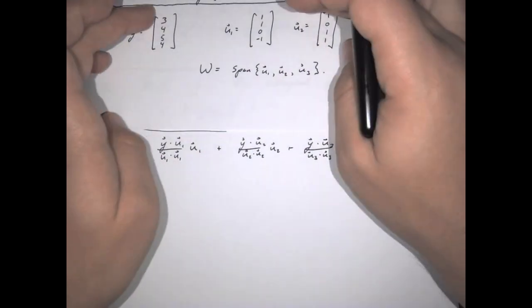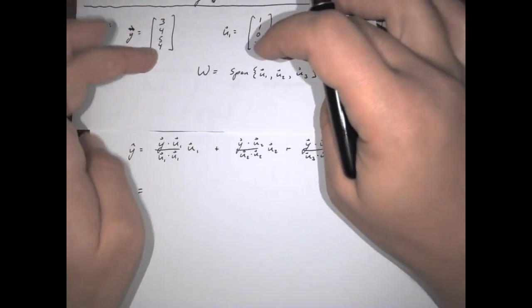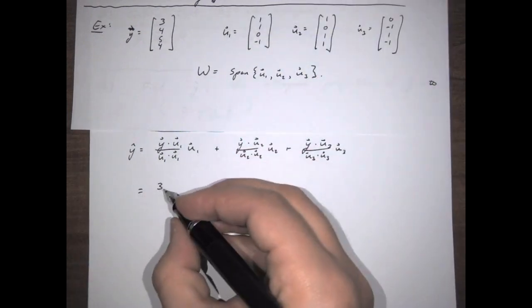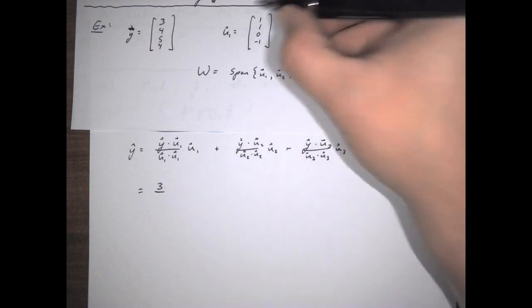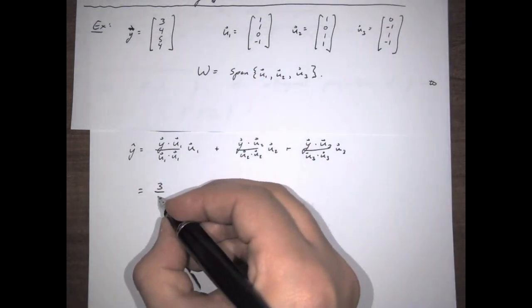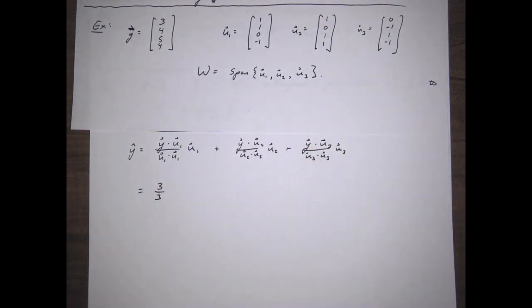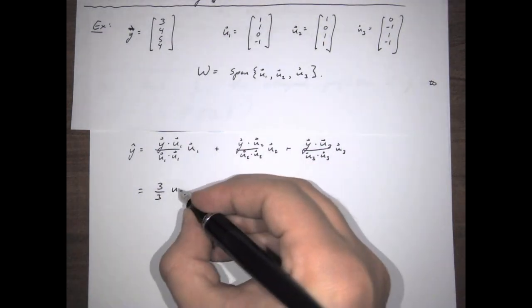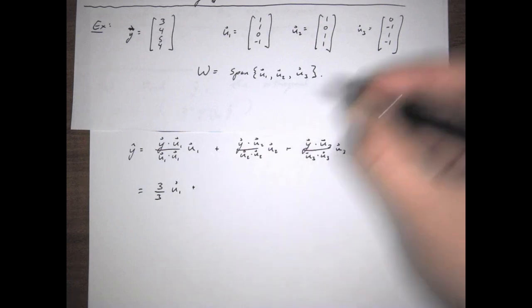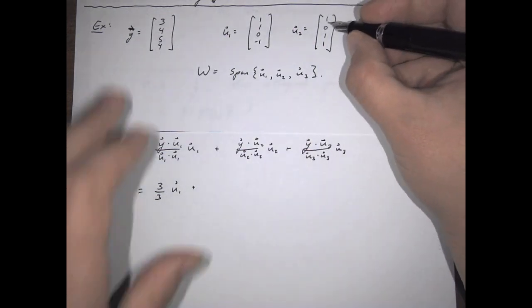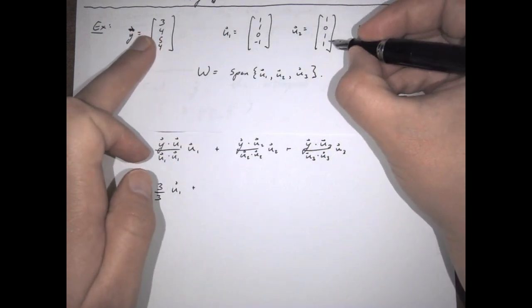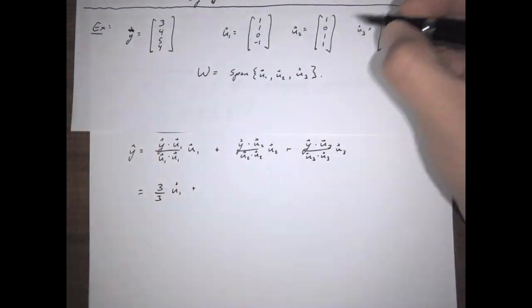So 3 plus 4 minus 4 equals 3. And then downstairs, it's u1 dot u1, which is 3. Plus, now y dot u2, so it's going to be 3 plus 5 plus 4.